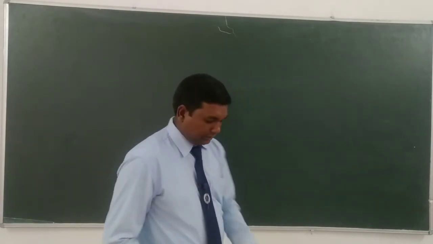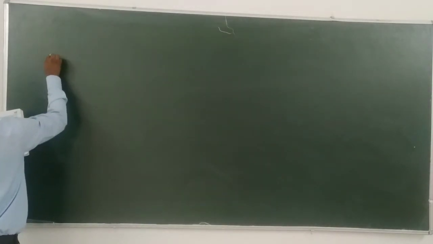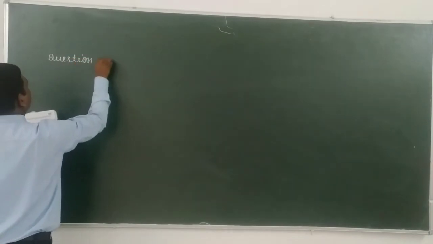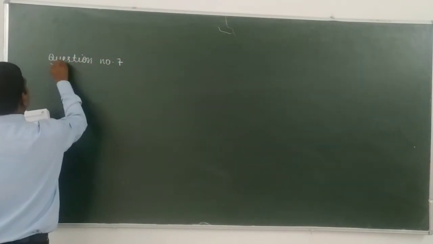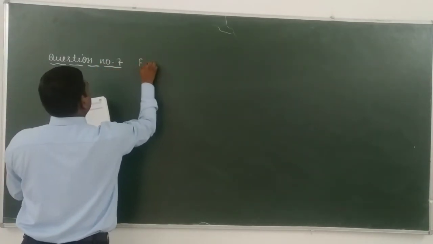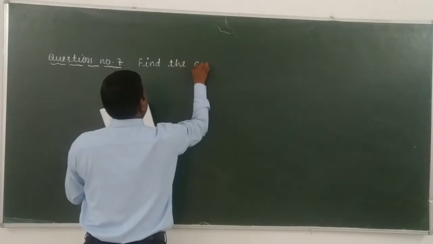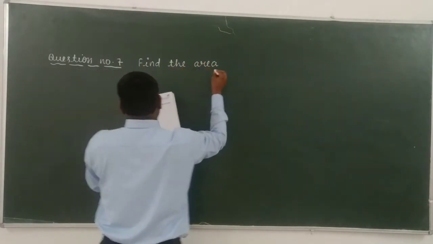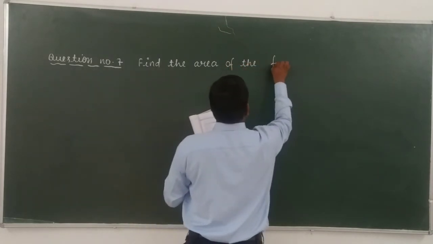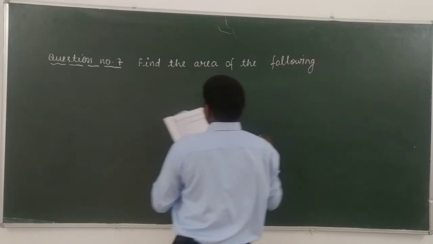Question number 7 is: find the area of the following shape.